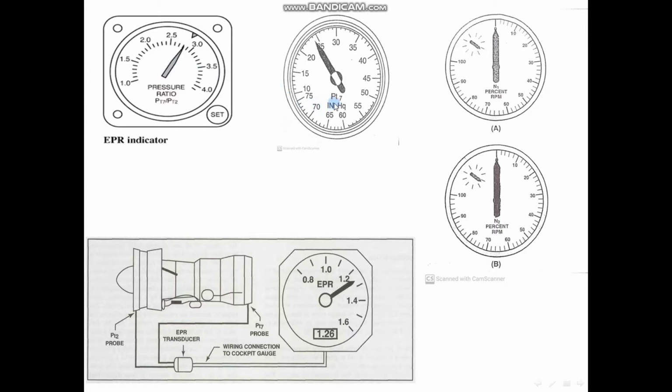After that we have PT7, also known as turbine discharge pressure, and this instrument displays the total engine internal pressure just aft of the last turbine stage.